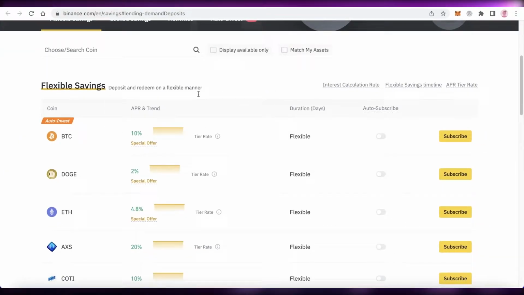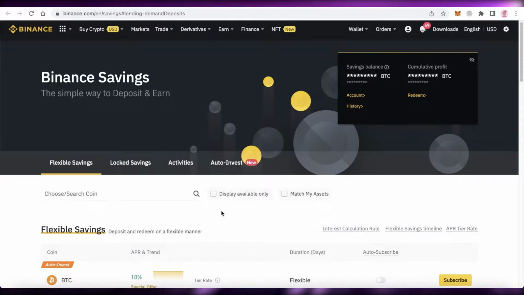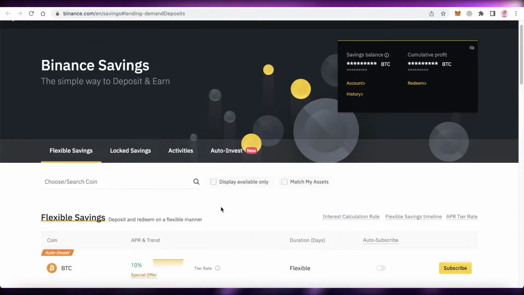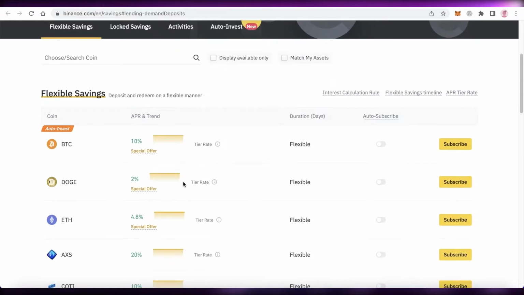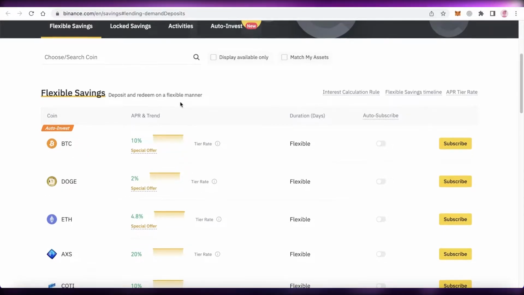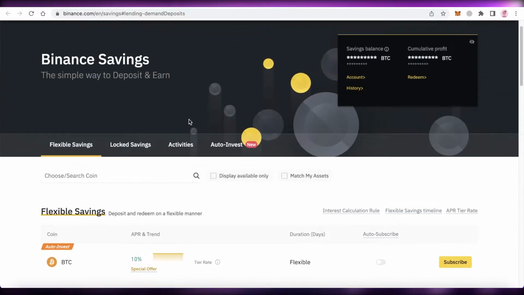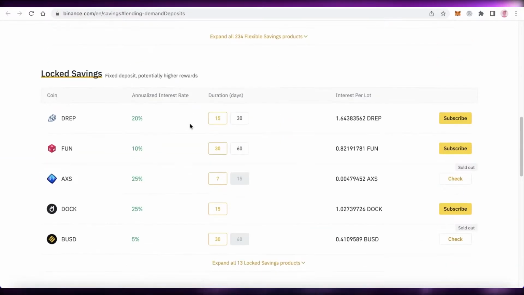Savings basically means you're just going to put money into your savings account, and then you're just going to lend that money to Binance, and Binance will use that money to provide liquidity, to provide more decentralized currency in the blockchain. They have a very large platform, so they have a lot of very large clients that need more liquidity in the platform.